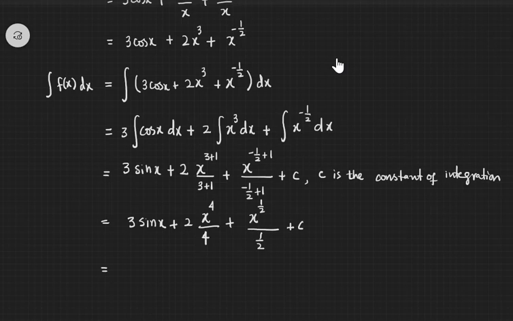This can be further simplified as 3 times sine of x plus 2 divided by 4, which becomes 1 upon 2 x power 4, plus 2 times square root of x, because x power 1 upon 2 is square root of x, plus c.